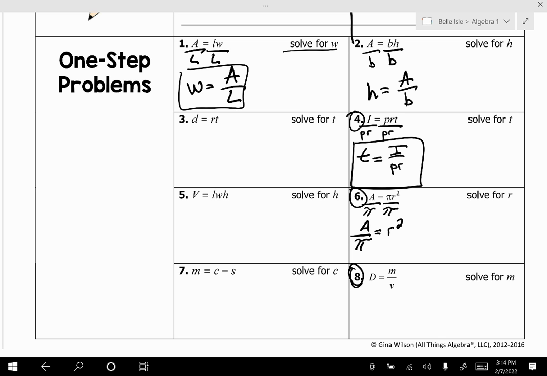How do we get rid of the exponent? You just wish it away. Read this right here. Read this out loud. R squared. What's the opposite of squaring something?